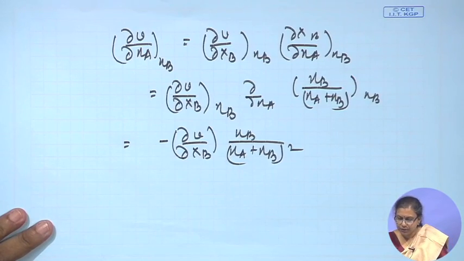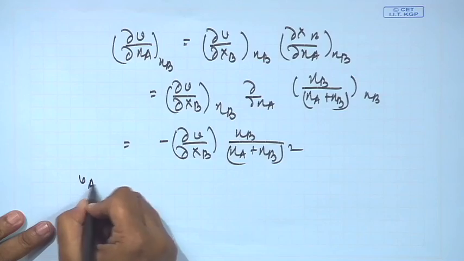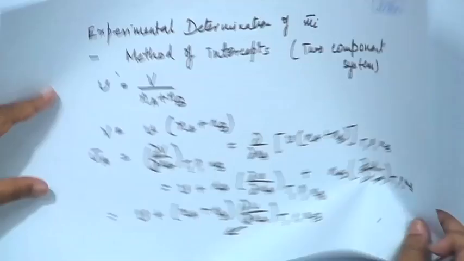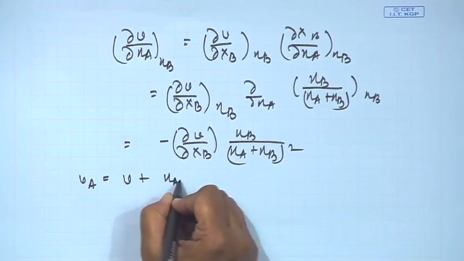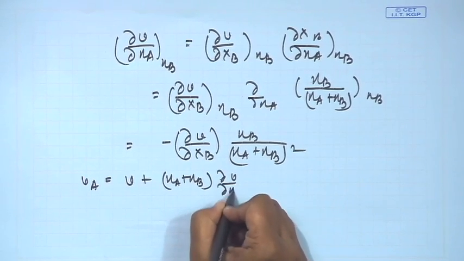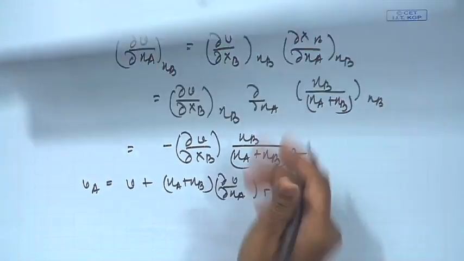From where did we start? Now, this particular equation, suppose I substitute it here. So, therefore, what do I get then? Then I get Va bar, the equation for Va bar was equal to V plus Na plus Nb into del V del Na Tp Nb, right.